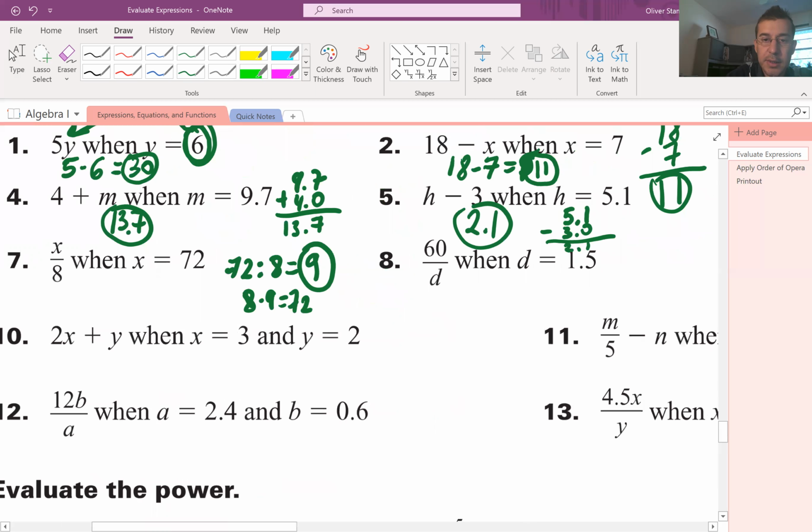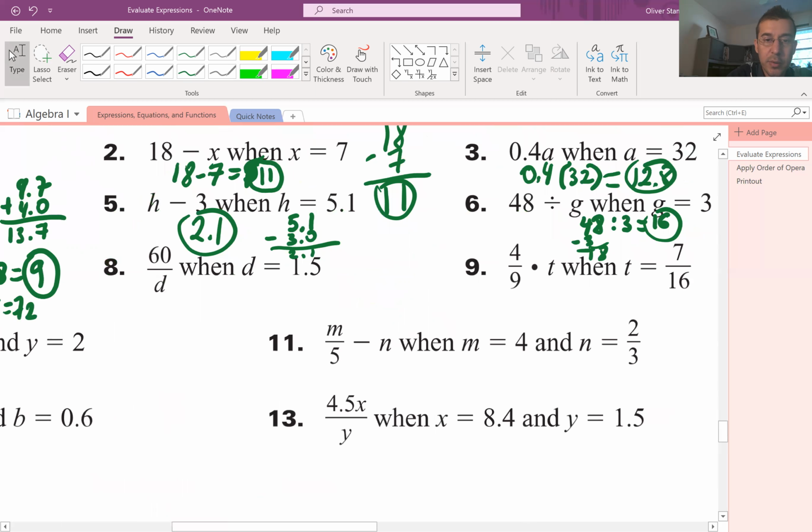Number 8, 60 over d when d equals 1.5. So that is 60 divided by 1.5, or that's the same thing as 600 divided by 15, right? Because the decimal point goes one to the right, and then also here the decimal, this is 60.0, this becomes 600, right? So that's easier to do the division. 600 divided by 15.